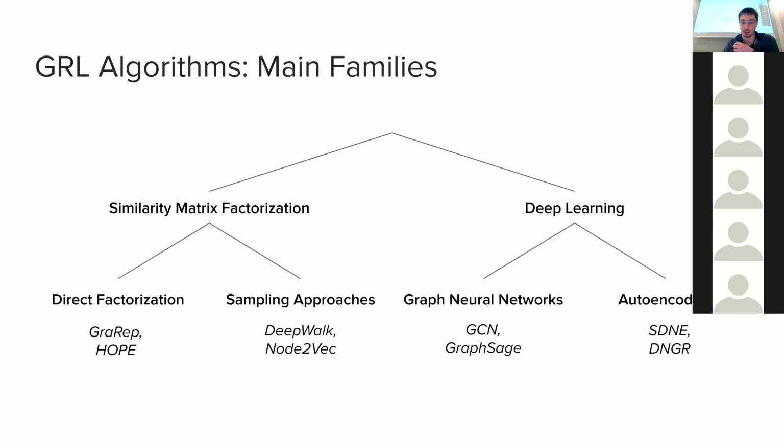But this does not mean that the left-hand side never uses features, because you can use matrix factorization also with features. And on the other hand, you can use these deep learning techniques without features, even though it's not their main setup. So you have to go technique by technique. And the ones that I put in italic on the bottom are some of the main techniques in each category, and can be a good starting point for research in a specific area.